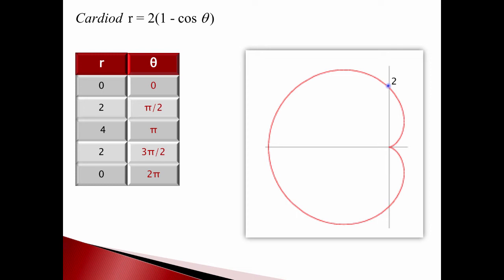By the time I swing around a little further, my theta increases from pi over 2 all the way around to pi. My r reaches all the way to 4. Then as I go from an angle of pi to an angle of 3 pi over 2, the r decreases back to 2. And finally, in the fourth quadrant, as I go from an angle of 3 pi over 2 to 2 pi, my r decreases back to 0.